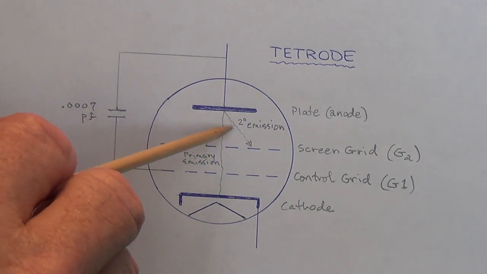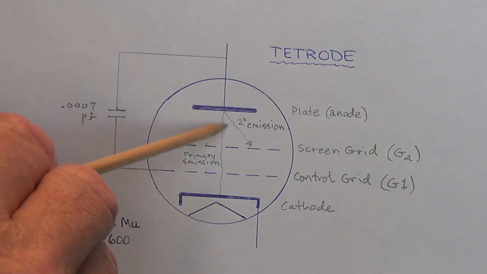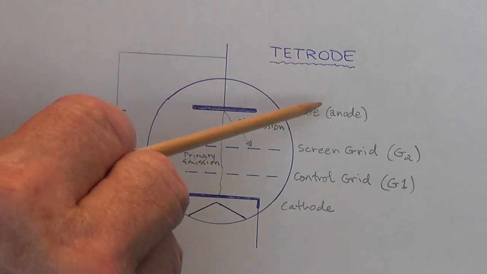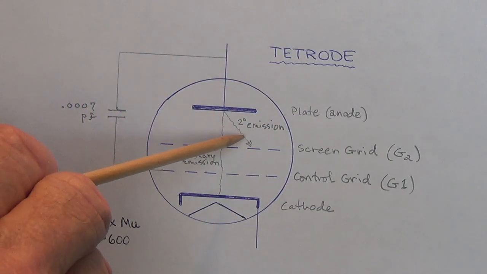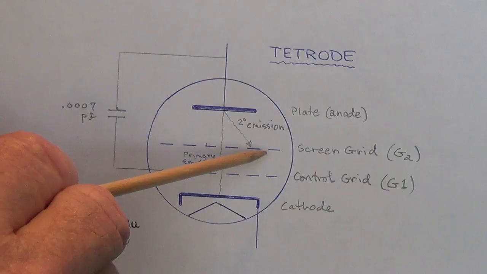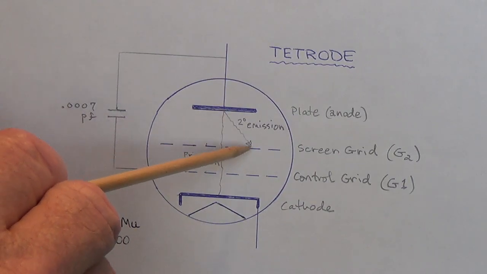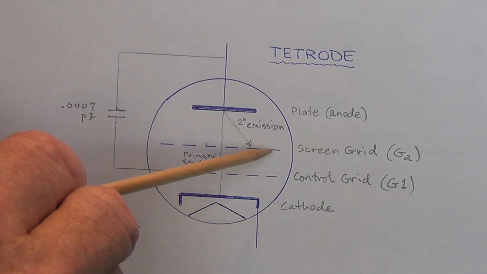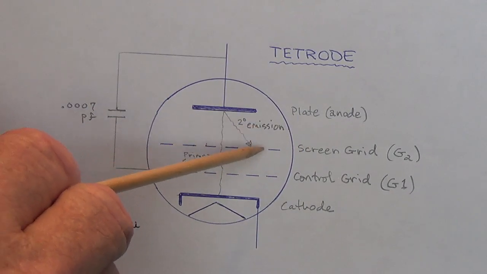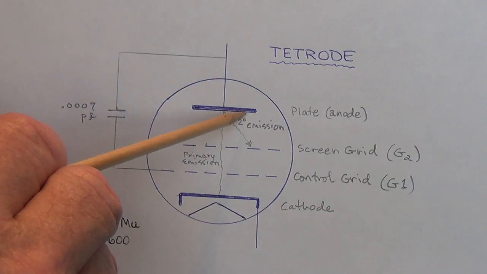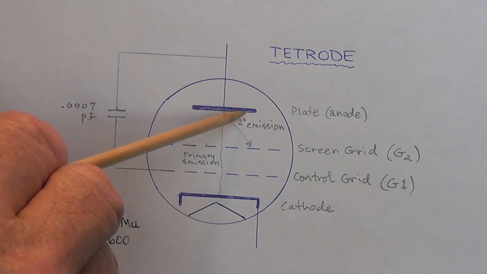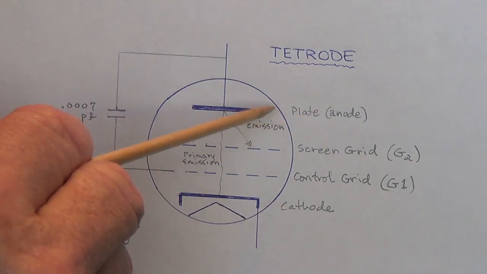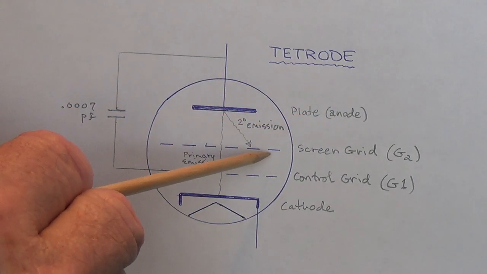Now, a bunch of them will be recaptured by the plate. They will go back to the plate and become part of the output signal. But a significant number of them are going to be attracted to the almost equally positive screen grid. So you're going to end up with a situation where the screen grid is going to steal your signal electrons from the plate, reduce the output signal, and in so doing develop its own current.